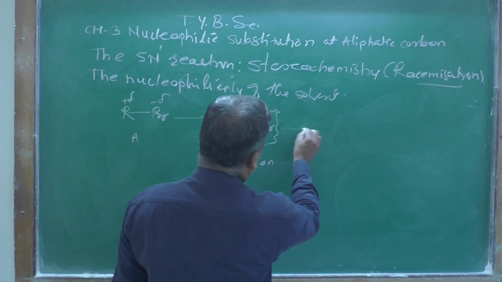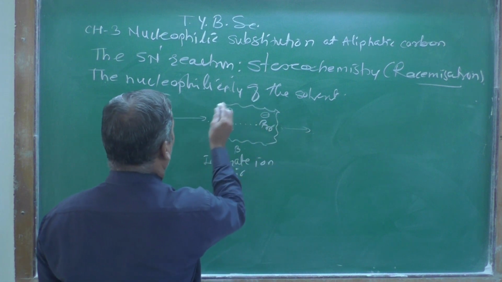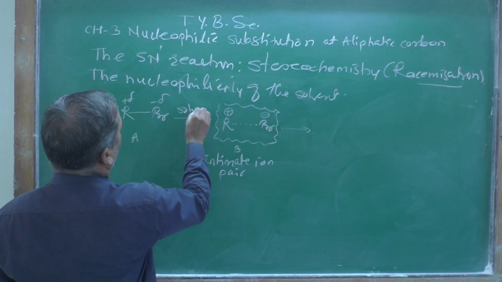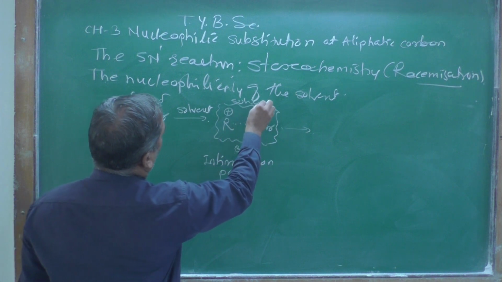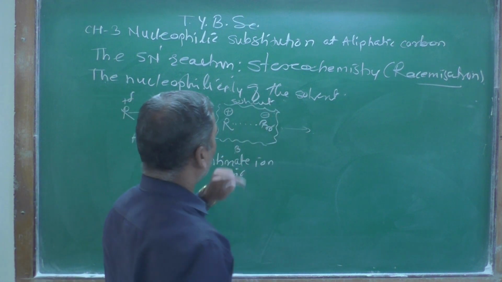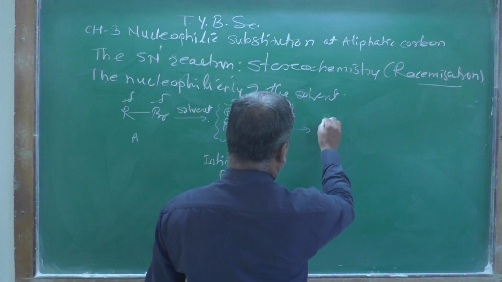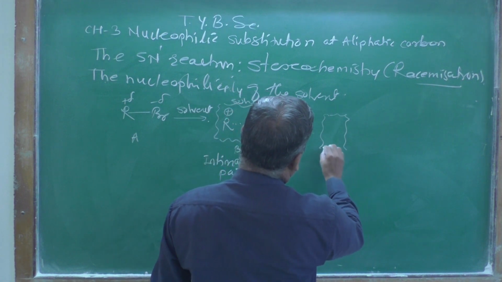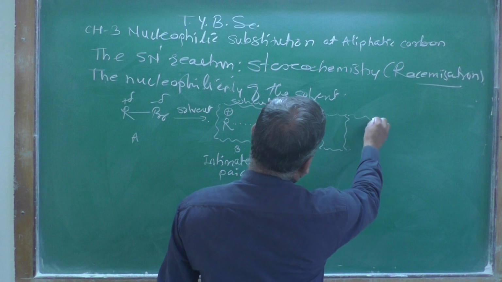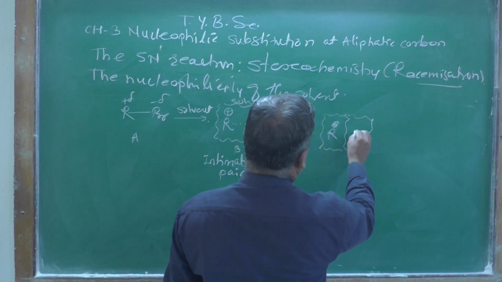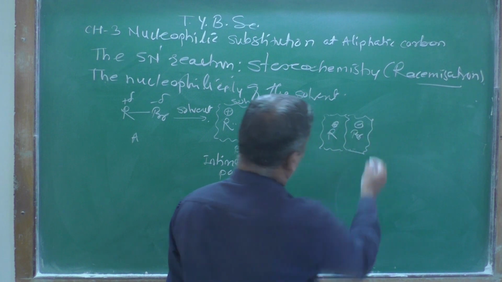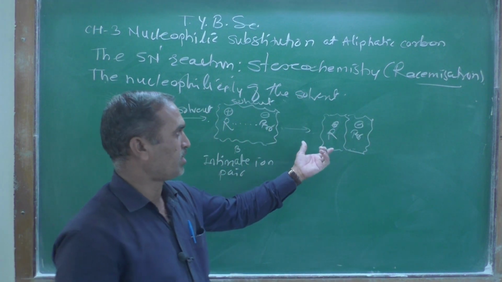Now after that, this is a solvent. Normally we are using solvent here, so this is the solvent surrounding. And now what is happening here? A bridge is formed between these two ions, here R plus and here Br minus. Now there is a wall between these two.